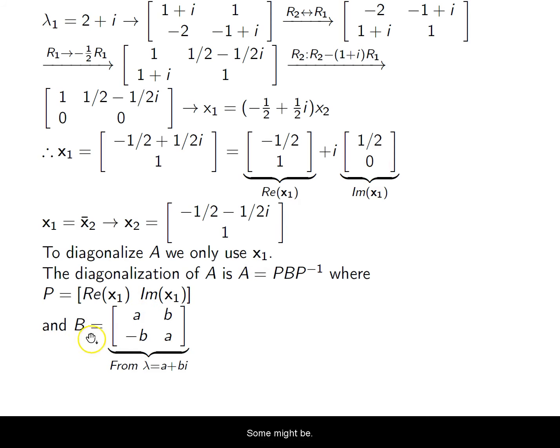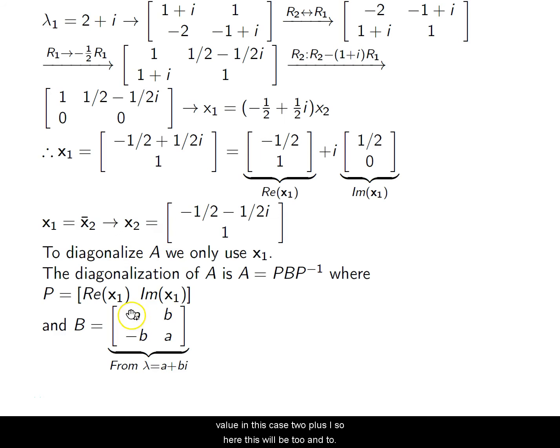Okay, so my B, this B matrix, that would normally be the diagonal matrix, is made from a, b, negative b, a. Here, the a and the b values are coming from my eigenvalue. In this case, 2 plus i.